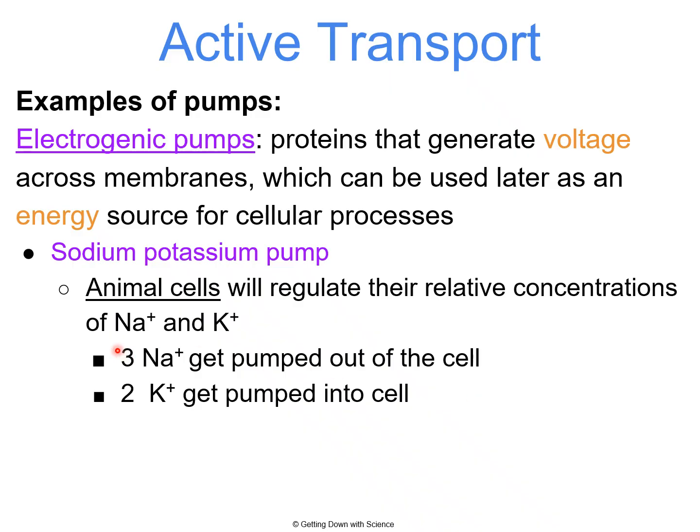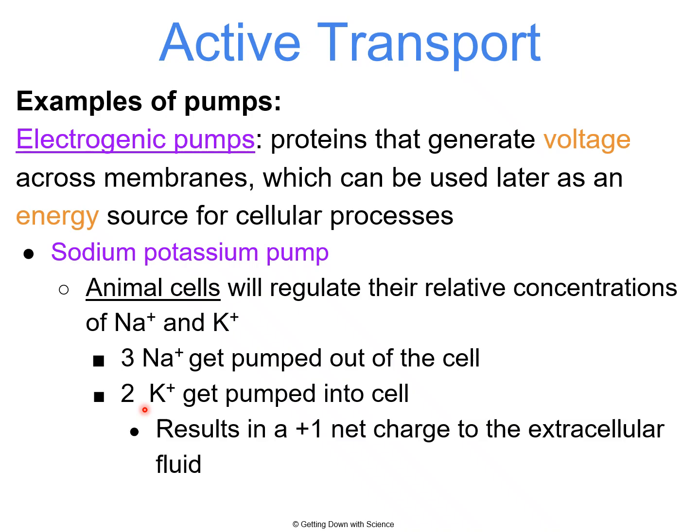So if three sodium ions are getting pumped out, that's more than the two potassium ions that are getting pumped in. And this results in an overall net charge of one.